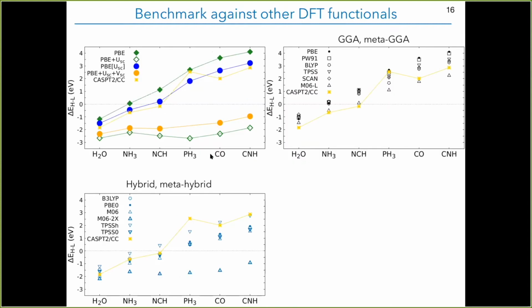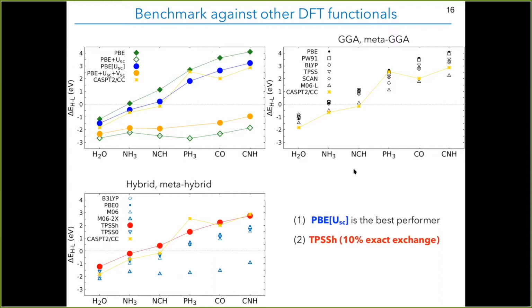To further validate our approach, we compare the results obtained with different DFT functionals: GGA, meta-GGA, hybrid, and meta-hybrid functionals. Among all the DFT functionals tested here, the Hubbard-corrected approach is the best performer, followed by the meta-hybrid TPSSH.